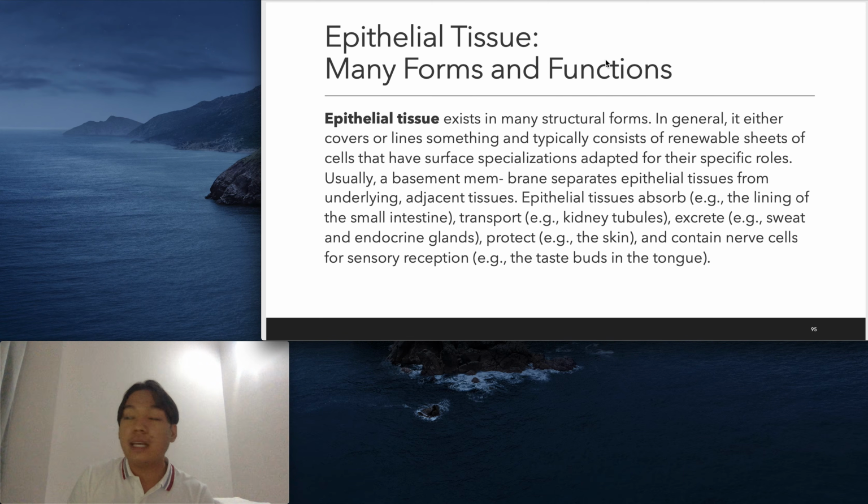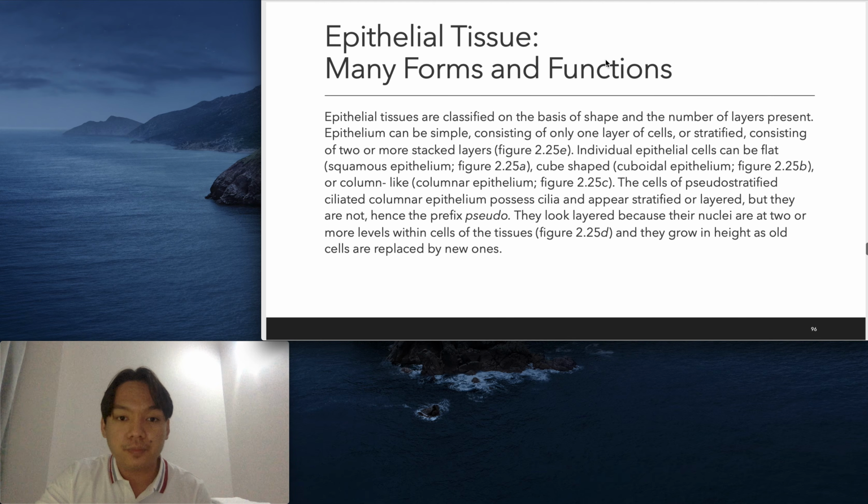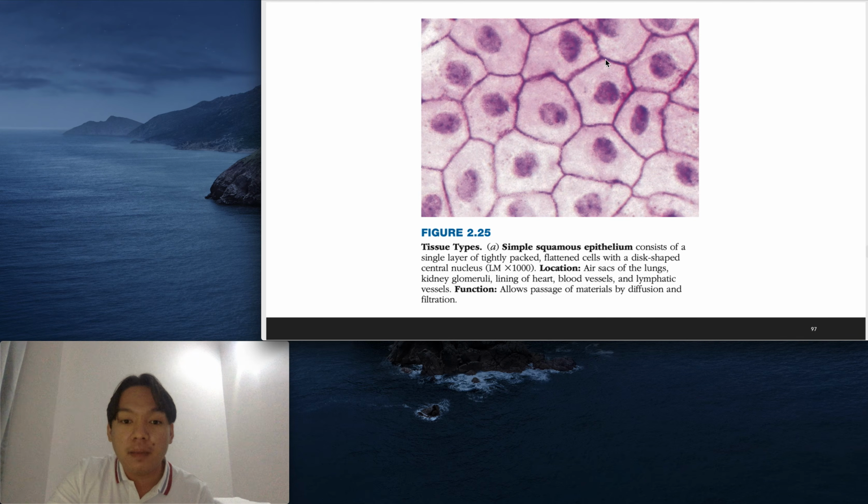They also contain nerve cells for sensory reception, just like the taste buds in your tongue. They are also differentiated on the basis of shape and number of layers present. So we will be taking a look at these images.